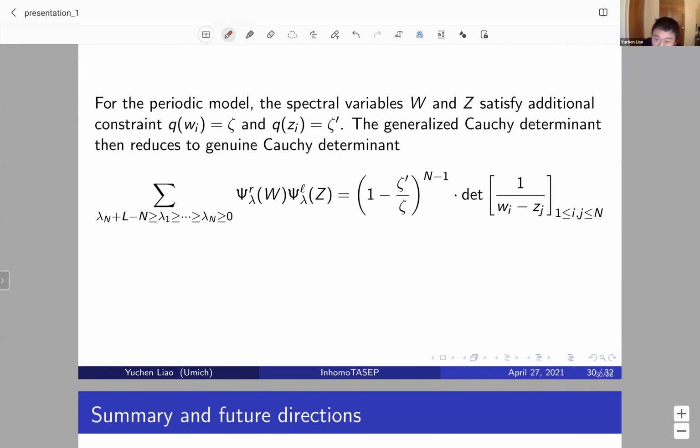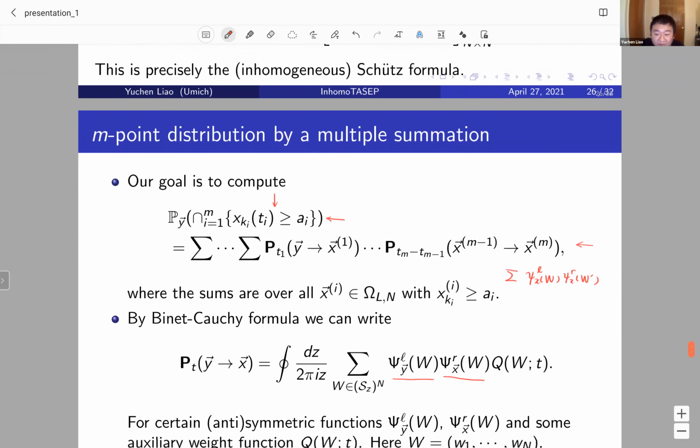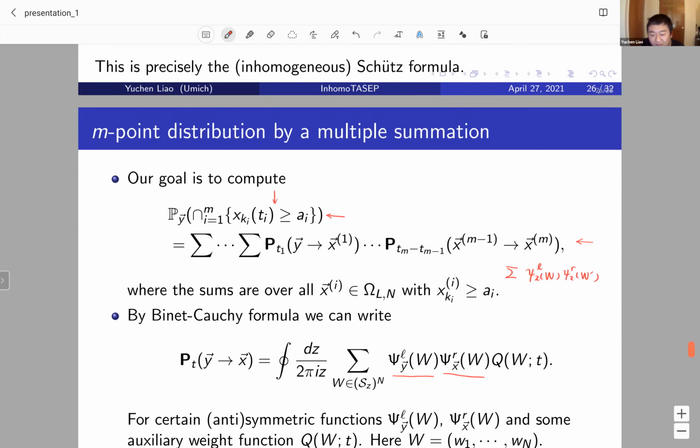And it turns out the original huge sum, when you compute the multi-time distribution, becomes a huge sum over lots of products of Cauchy determinants. That's what's happening.